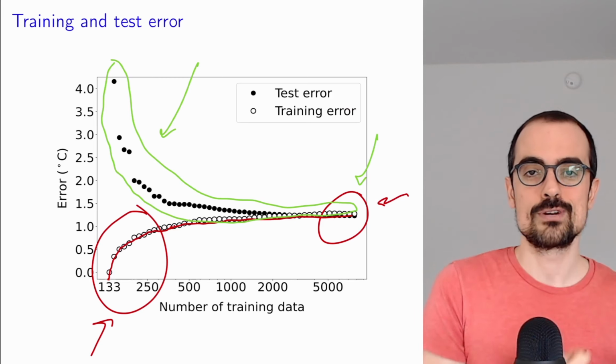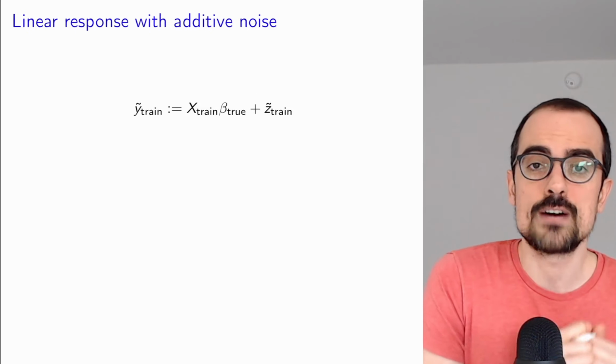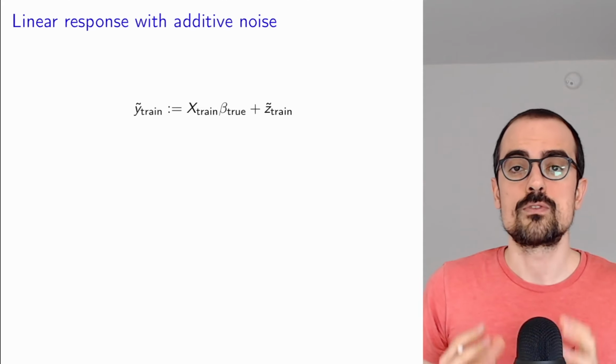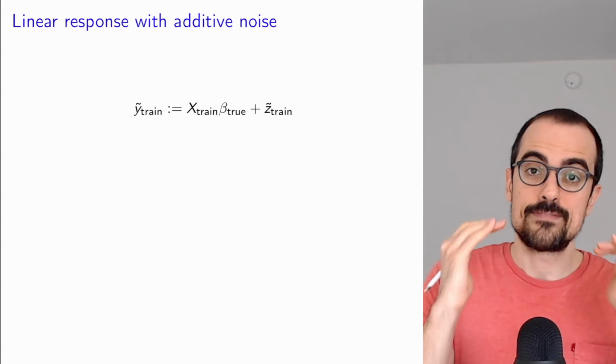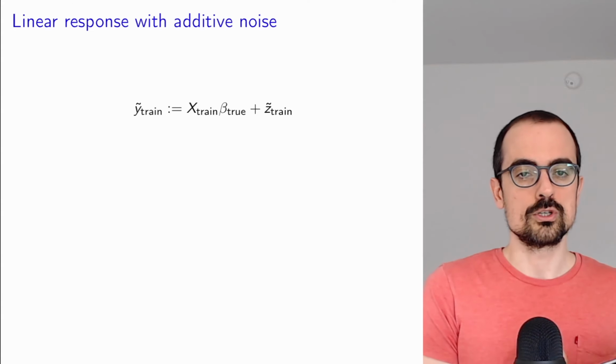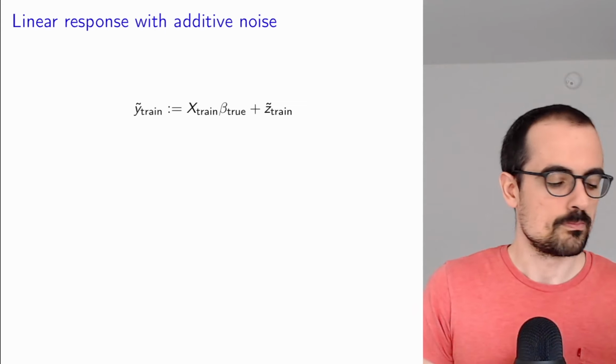linear response model where the features are a random variable. Here we have to explicitly account for the fact that we have a finite number of training data. In order to do that, we're going to change our linear response model.